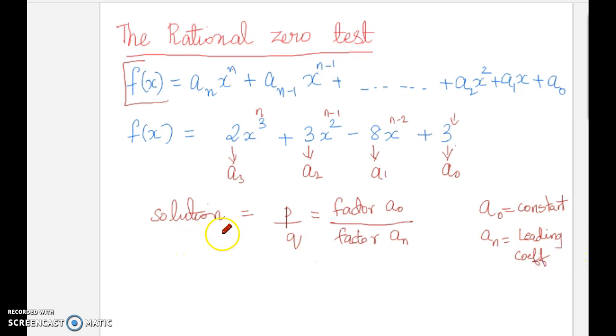So the solution will always be a factor of the constant over a factor of the leading coefficient of that form.